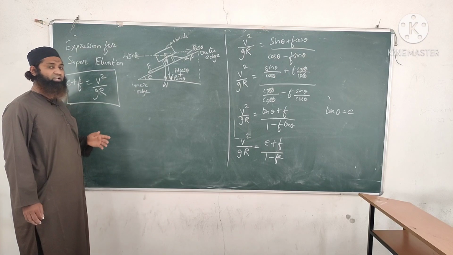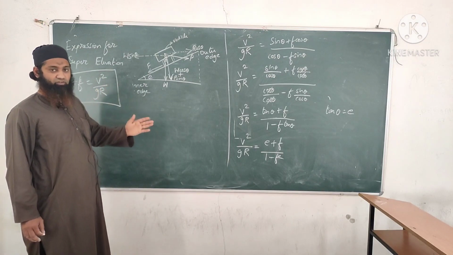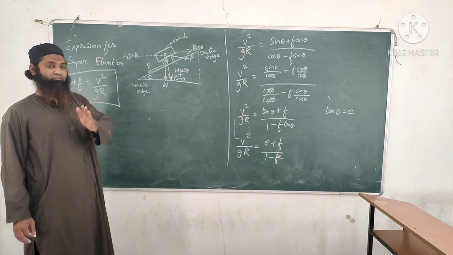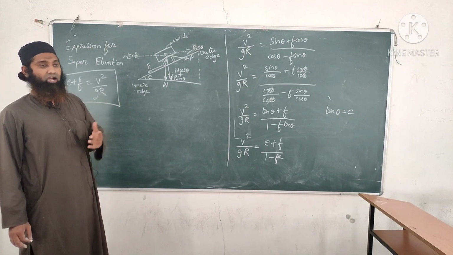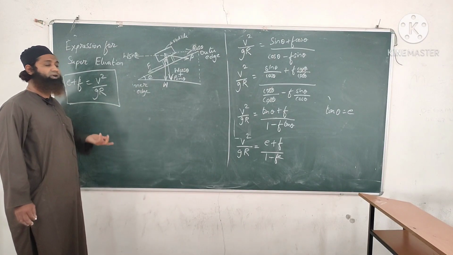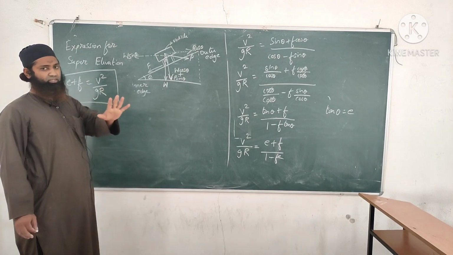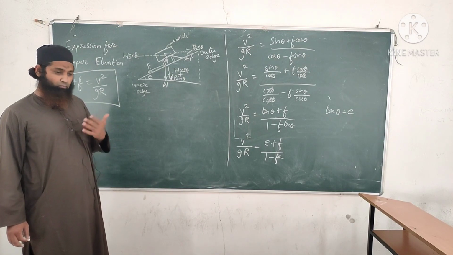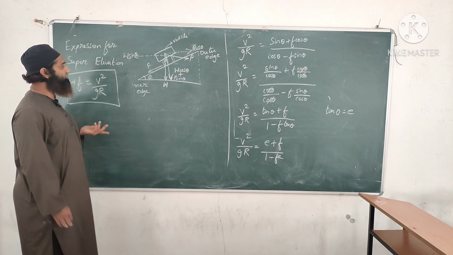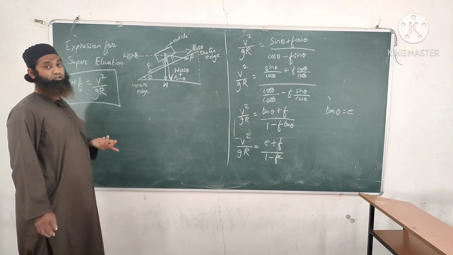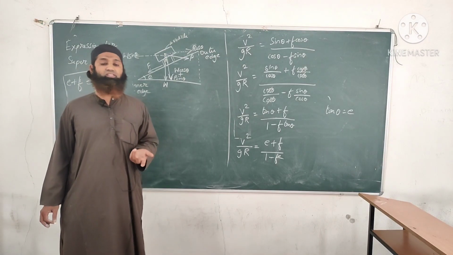Now I have taken all the terms of P to one side and W to the other side. I have taken P common and W common. After that I have got an equation for P by W, that is sin theta plus f cos theta over cos theta minus f sin theta. Now to make it simpler, P is the centrifugal force, which we know is given by mv square by r.